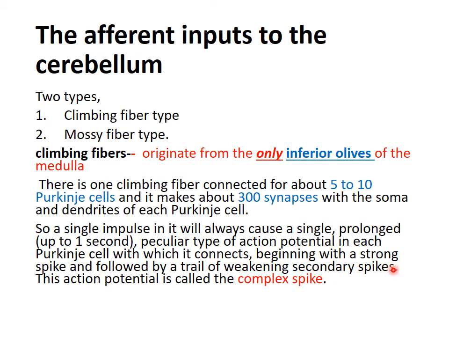First there is a strong spike followed by a trail of weakening secondary spikes. So first is the strong and then weak. This is called a complex spike.